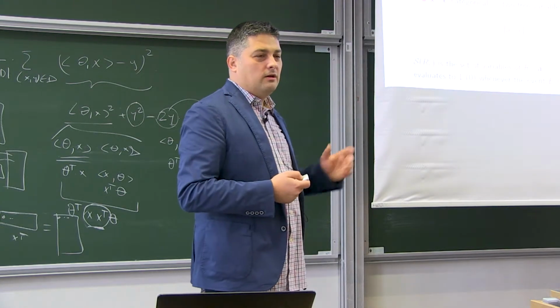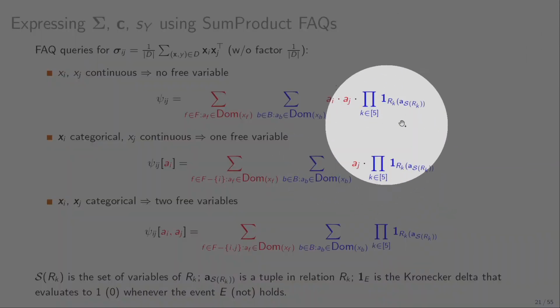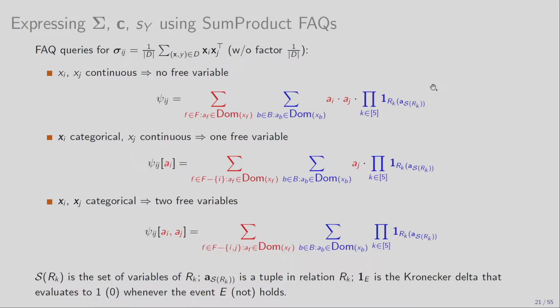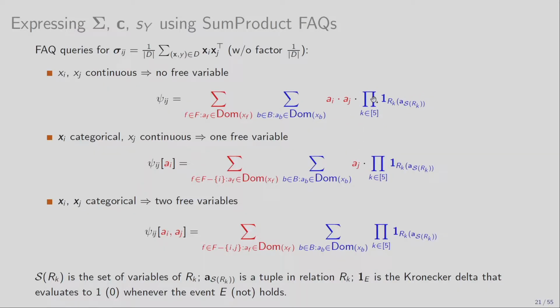We'll never evaluate an FAQ query like this. We'll never construct the big join, then look over samples one by one, compute a product and sum up. Rather, we'll take some of these sums and push them past the product using the rewriting we learned yesterday.